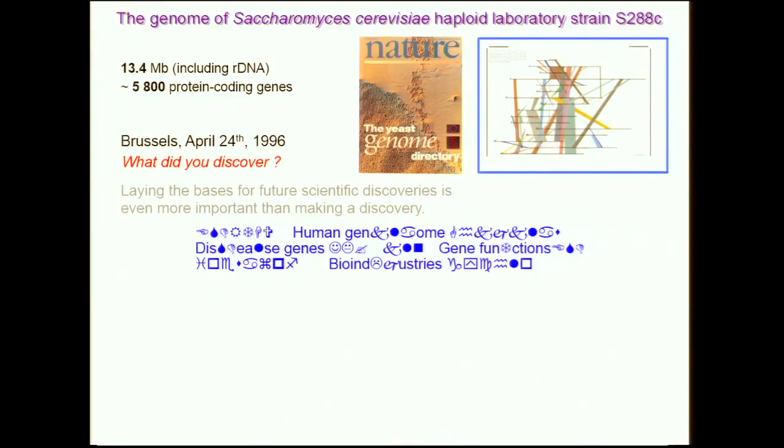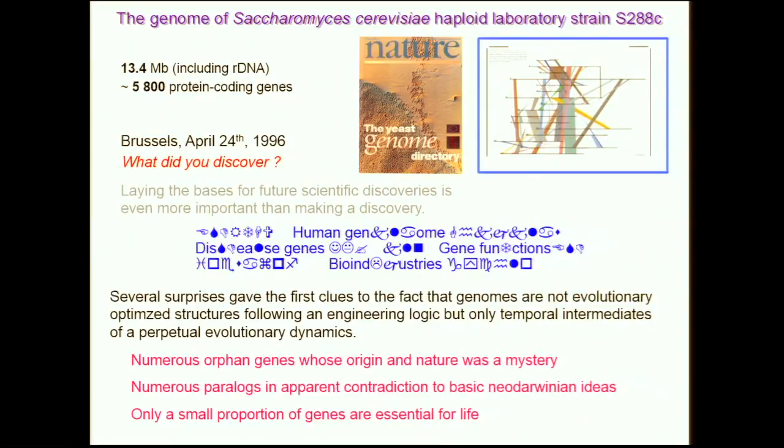So in fact, this has changed completely the field. It was a starting point for the field, and at the time there were a few surprises. And these surprises, 20 years later, we now understand, and they have changed the way we view genomes, and the way we view biology a little bit.